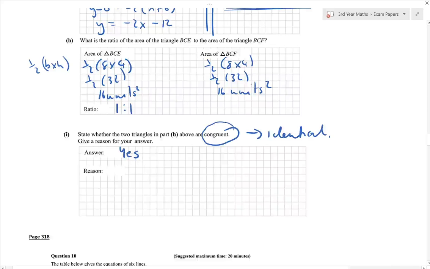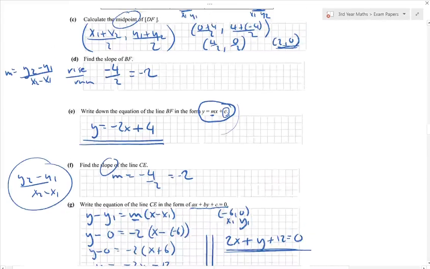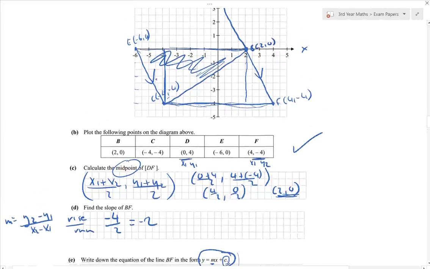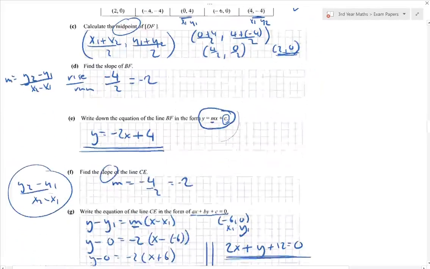And our reason is they are identical because if we look at the shape, we know that ECFB is a parallelogram. So the diagonal divides the parallelogram, so this diagonal line, into two congruent triangles.